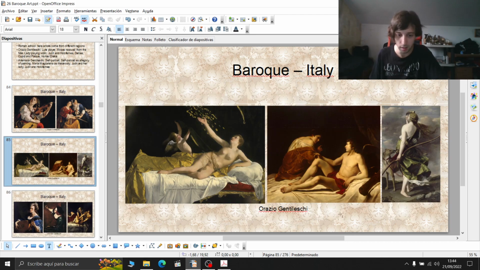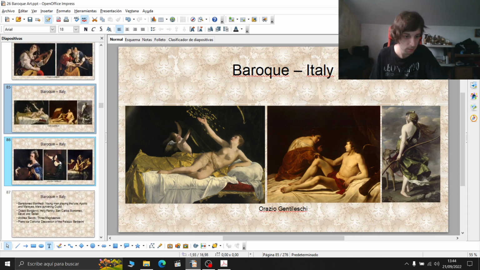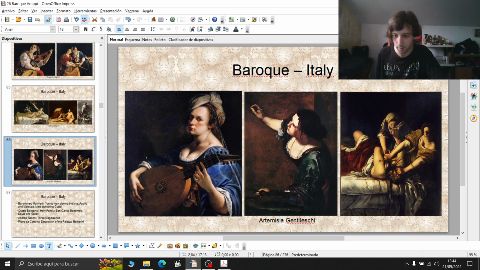These are mythological episodes. This is Danae and the Rain of Gold, if I am correct. This is Cupid and Psyche, and this is Diana the Huntress, like Artemis. And this Artemisia Gentileschi.